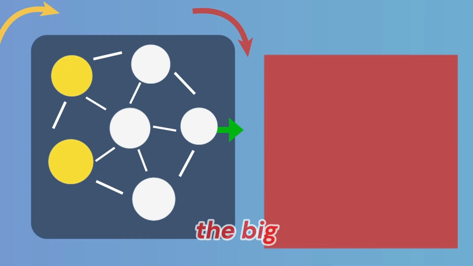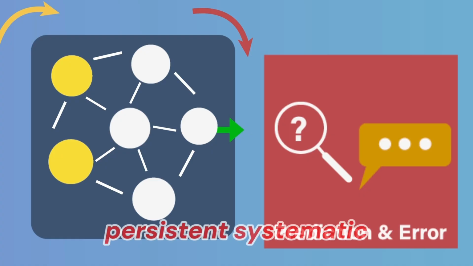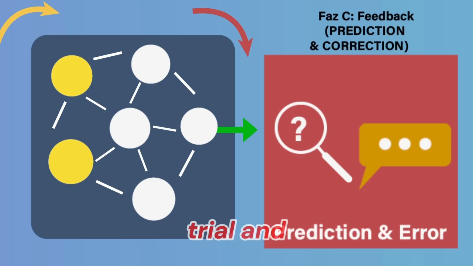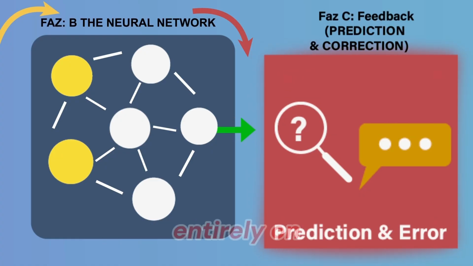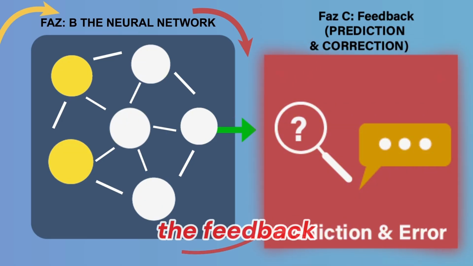So, what's the big takeaway from today's deep dive? Machine learning is not magic. It's a persistent, systematic process of trial and error. It relies entirely on the quality of the training data and the efficiency of the feedback loop.